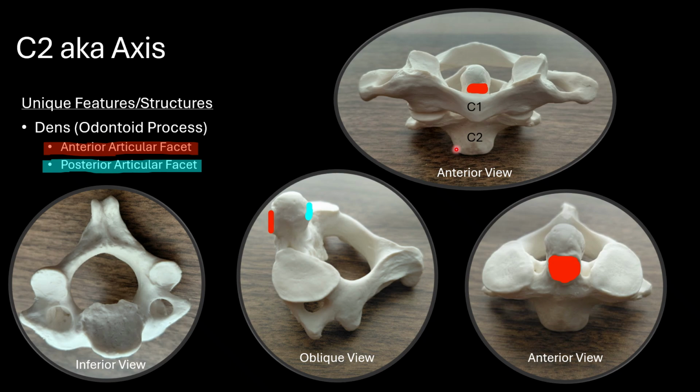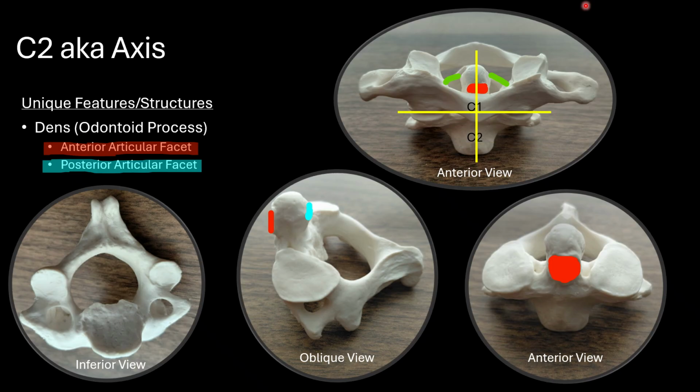So anteriorly, the dens or odontoid process is going to articulate with C1, specifically at the facet for the dens of C1. Posteriorly, we're going to have this ligament going behind it. It's basically wrapping around and holding the dens in place. This ligament is the transverse ligament of the atlas. So all of that secures it in place. Structurally, this is going to allow for most of cervical spine rotation at this pivot point.